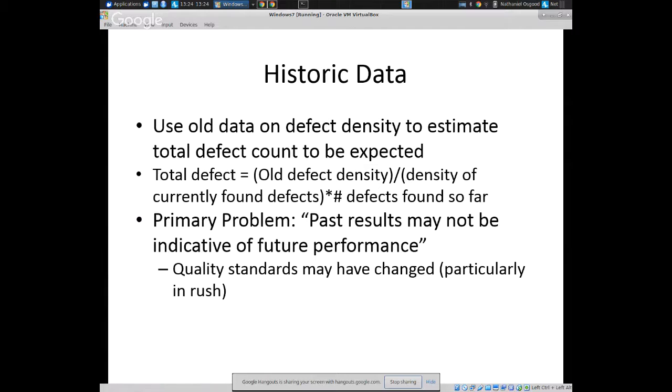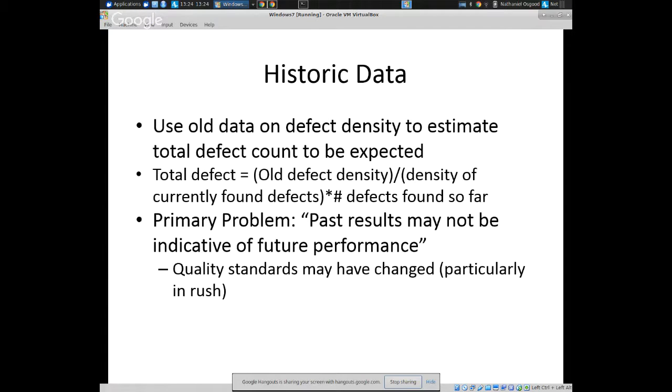The ratio of, on the one hand, the density of defects that are found in other projects. Maybe it's 50 defects per 1,000 lines of code, and you divide it by the density of defects you found thus far. Maybe it's 20 defects per 1,000 lines of code.